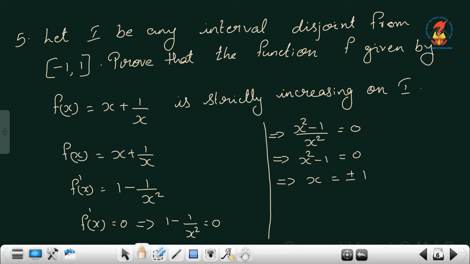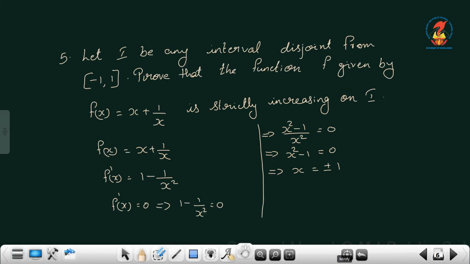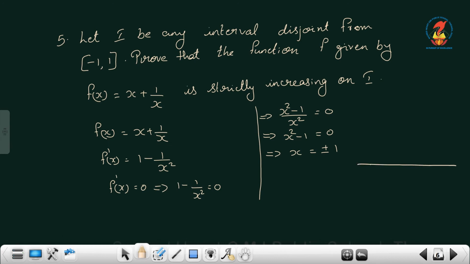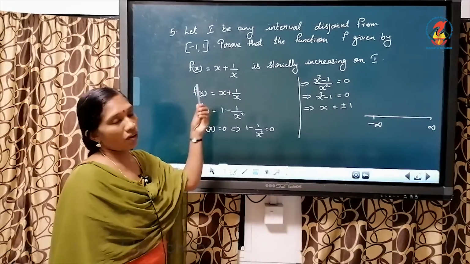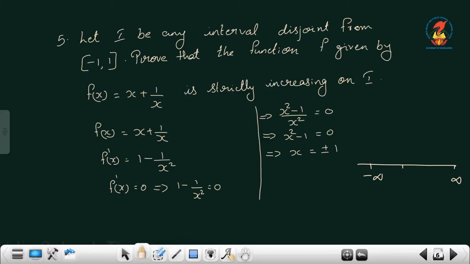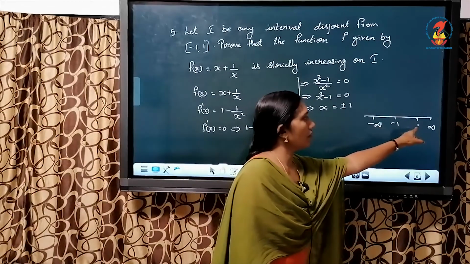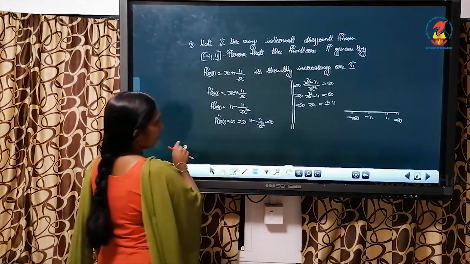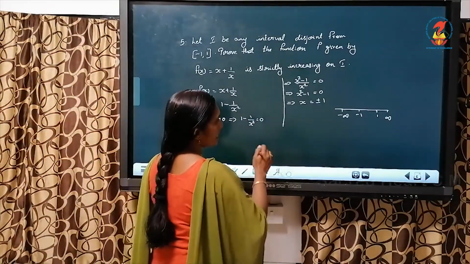Okay. Now, we draw the number line, minus infinity to infinity. 0 is not included. If it is 0, the function is not defined. But here we have minus 1 and 1 as the points. And we have to consider the intervals minus infinity to minus 1 and 1 to infinity, and we have to prove that the function is strictly increasing there.